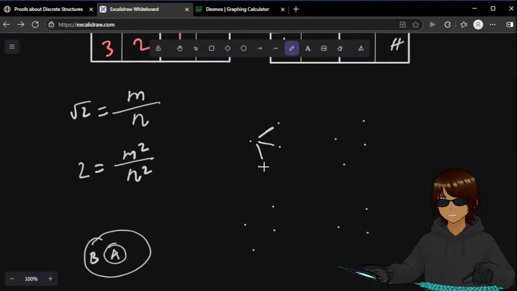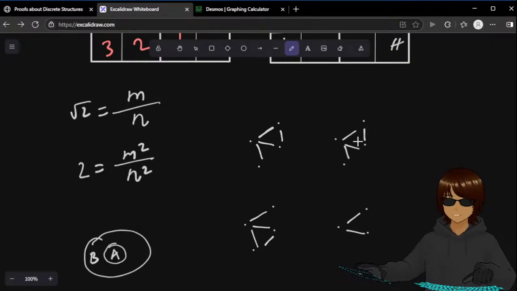One, two, three, one, two, three, one, two. Right, we can have one here. No, then we have three, right? So three handshakes here, three handshakes here, three handshakes here.